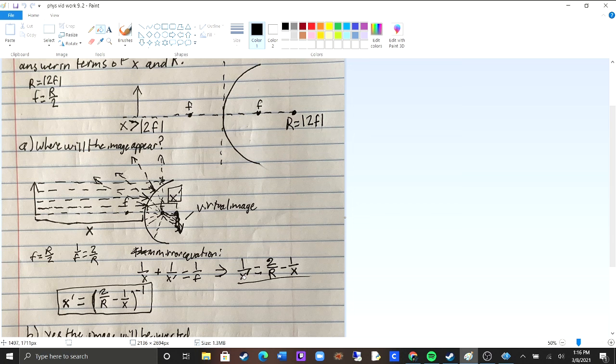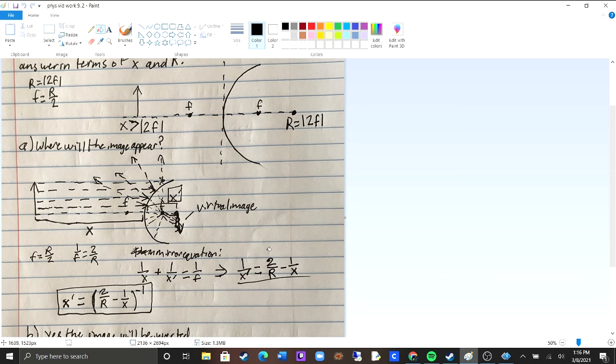So we can rearrange this. We can plug in r over 2 for f, which gives us that 1 over f equals 2 over r. So we can plug that in for 1 over f, and we rearrange it because we want to find this value right here, and we get 1 over x prime equals 2 over r minus 1 over x.